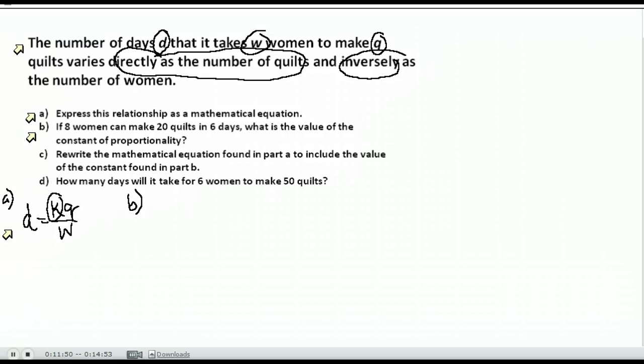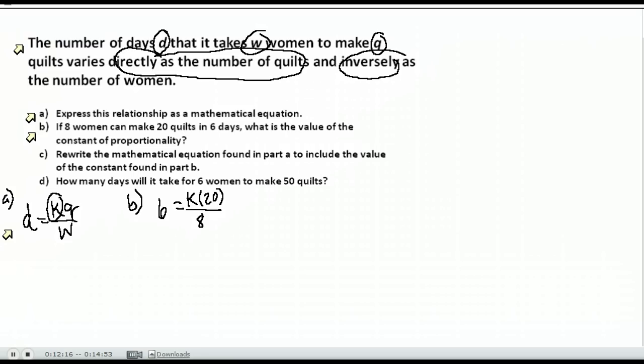The number of days was 6, so D equals 6 equals K, we do not know, that's the one we're trying to solve for, times Q, which is the number of quilts, divided by the number of women, which happens to be 8. We're going to solve this equation to find out what our constant of proportionality would have to be.